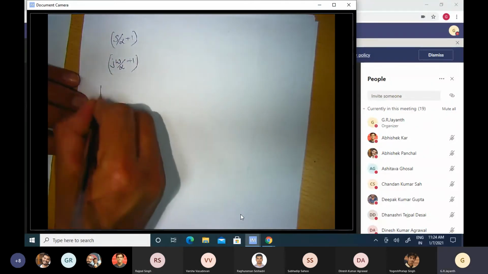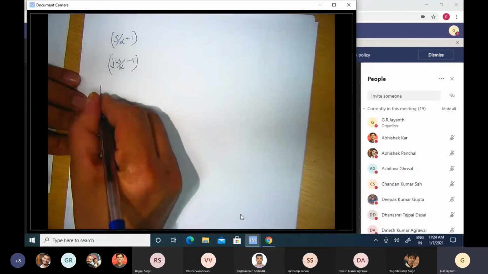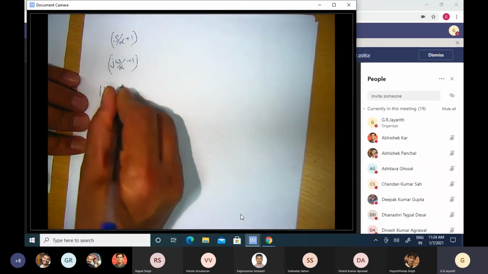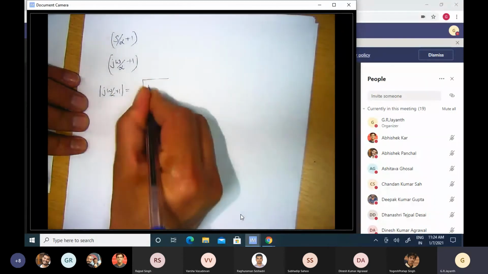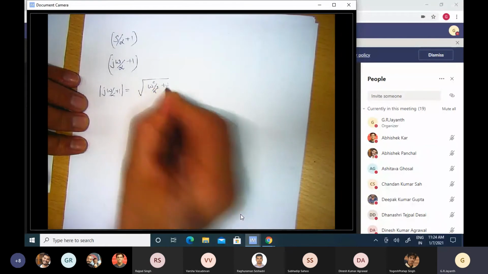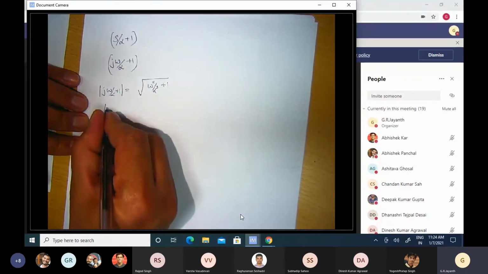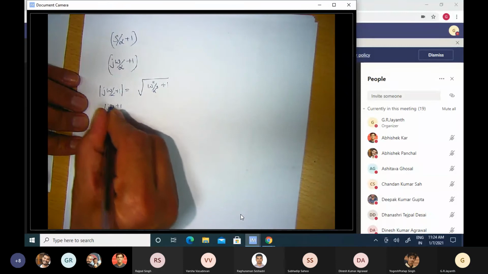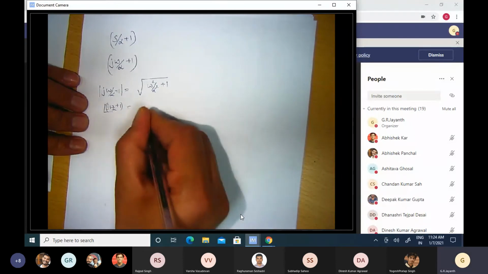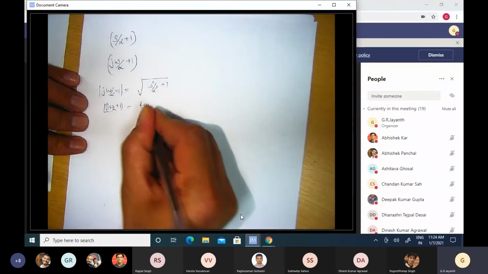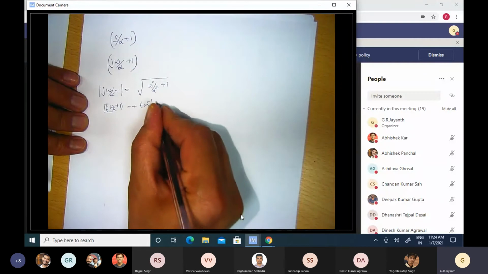So what is the magnitude of this? The magnitude of j omega by alpha plus 1 is square root of omega square by alpha square plus 1. And the angle of this term j omega by alpha plus 1 is tan inverse positive, tan inverse of omega by alpha.